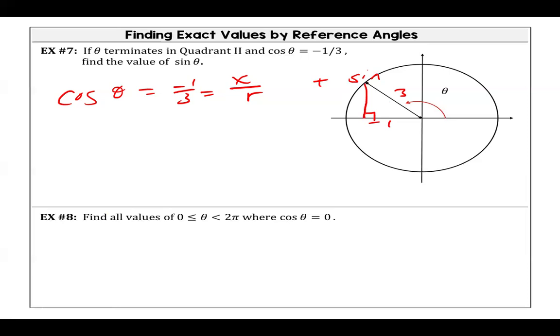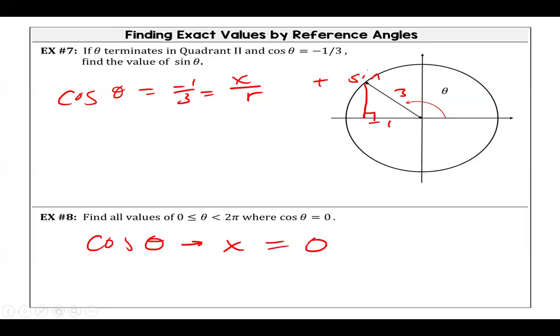On number 8, notice that it gave us a range. It says from 0 to 2 pi. Well, 0 to 2 pi is the entire circle. And you're looking for when cosine theta is 0. Cosine theta means you're looking for x, which is when x equals 0.